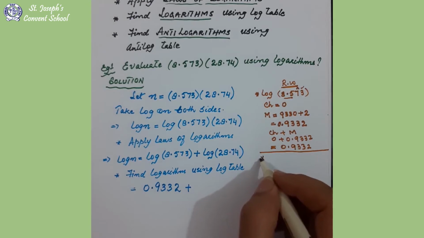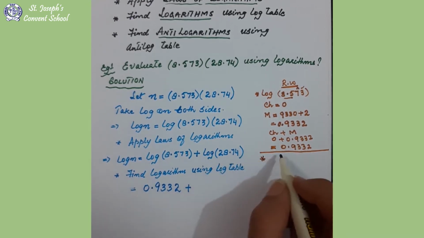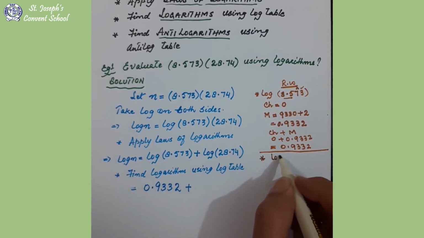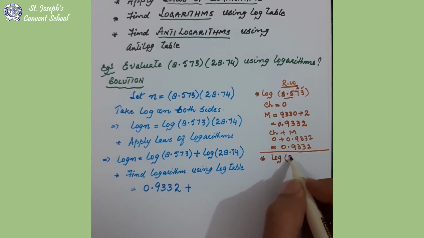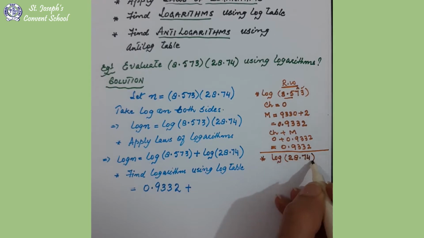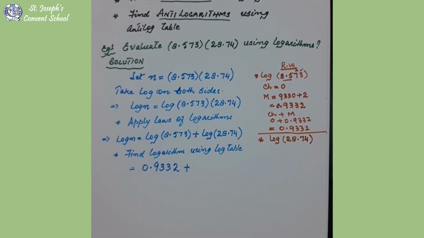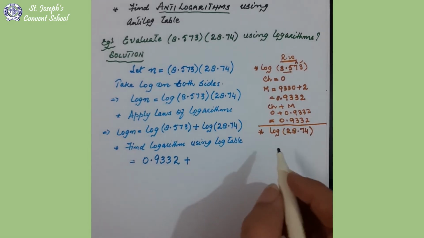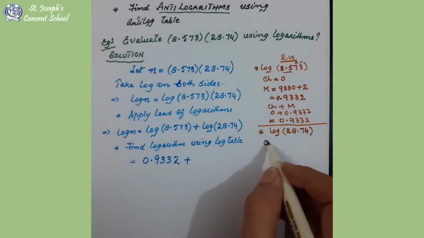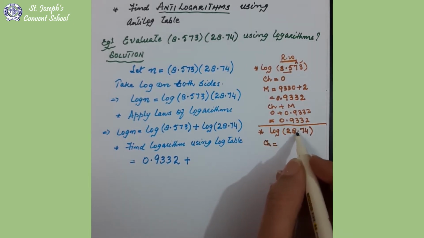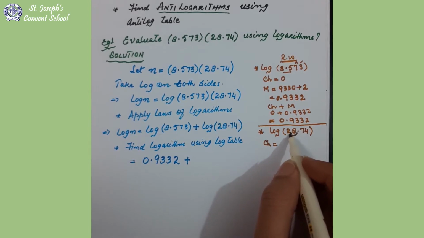Now the second number is 28.74. You will find the log of 28.74. Same way, find the characteristic. So what is the characteristic here? We will shift the decimal after the first non-zero digit.